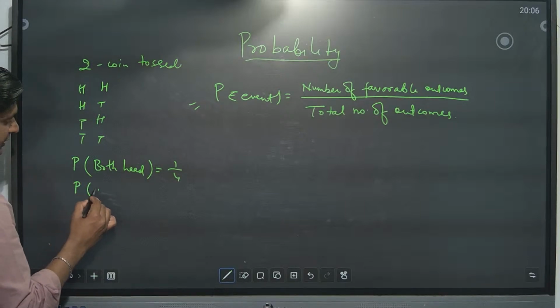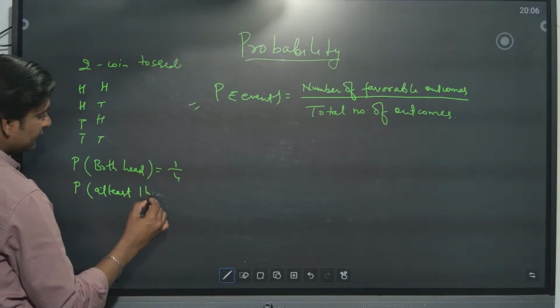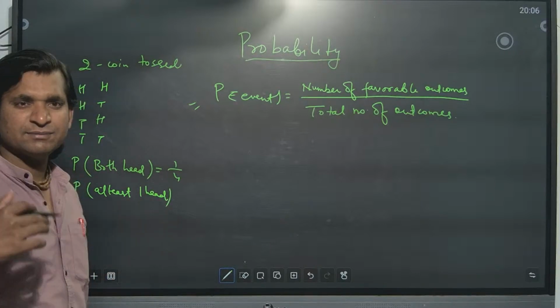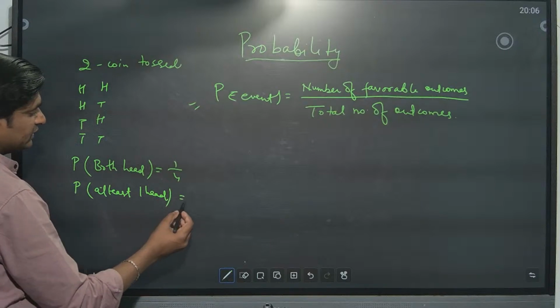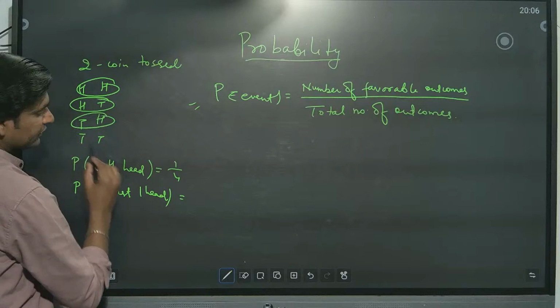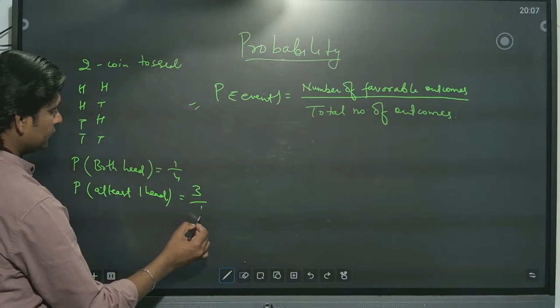Probability of at least one head. At least one head means minimum one head should be there, maximum it can be two also. So at least one head means what will you take? 1, 2, 3. So you'll get 3 by 4.